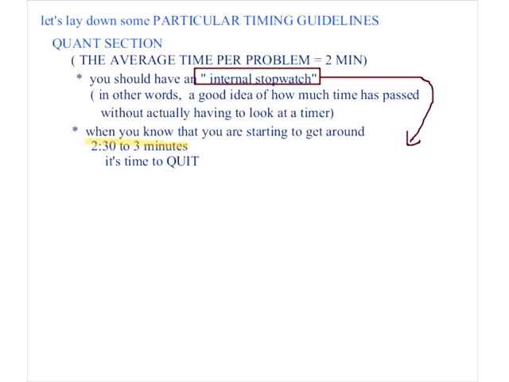The way to train your internal clock is you just train it while you're doing practice problems. As you do practice problems, time each problem, and keep the timer hidden from view as you work.